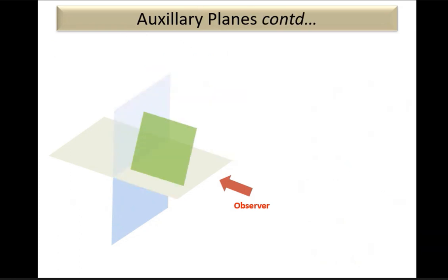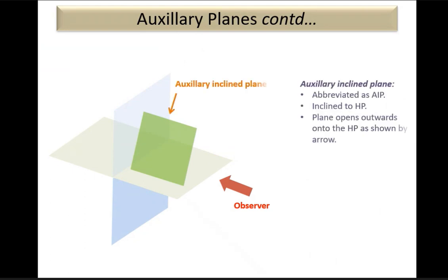Now there are a few more auxiliary planes. We call them auxiliary inclined plane. Okay, so it is abbreviated as AIP. So it looks like this, and the inclination is with HP in this case.